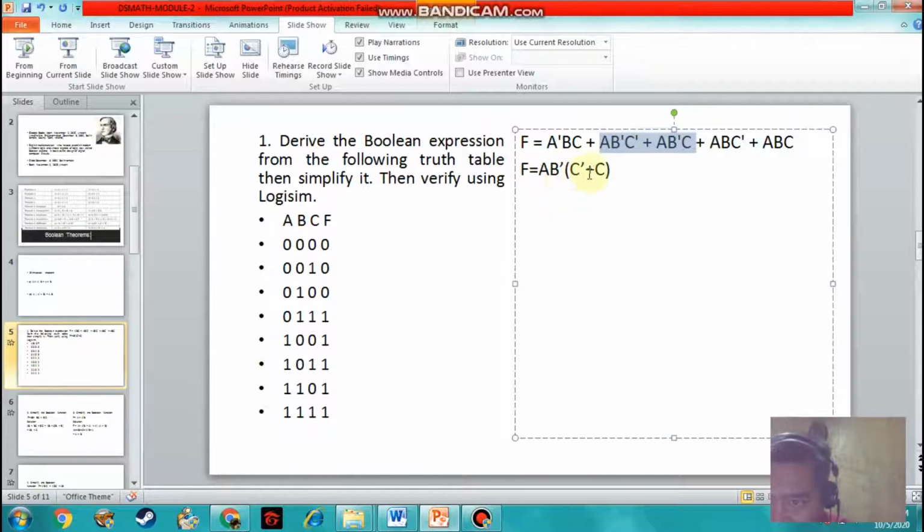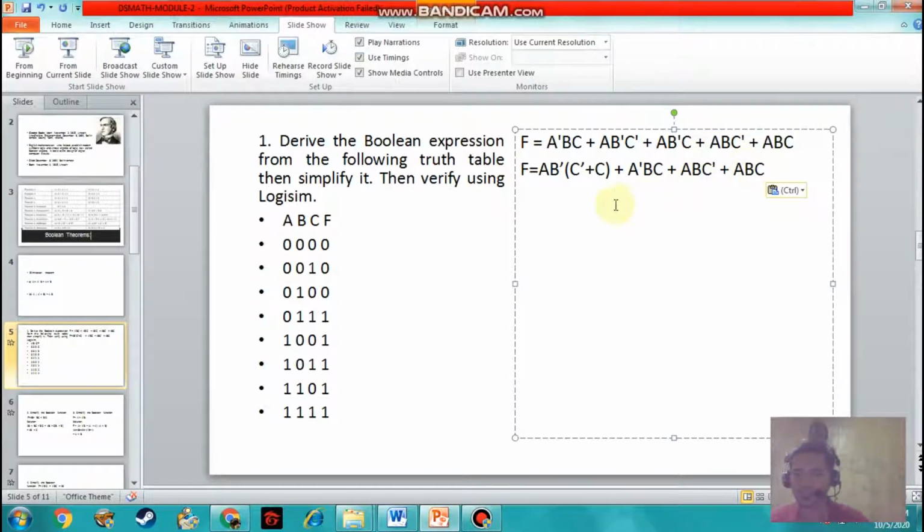So, multiply yon. Plus AB prime, C. AB prime, C. So, remain lang ang ibig sabihin to. Yun din yun. Okay. So, isulat muna natin yung natitira. A prime. Ito. Natitira. Plus ito, natitira ang dalawa na to.